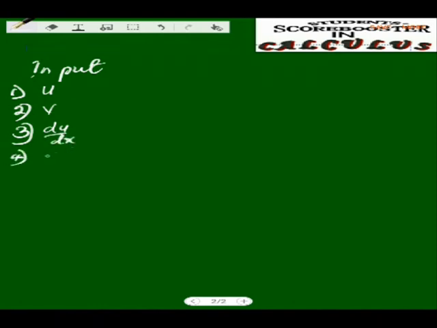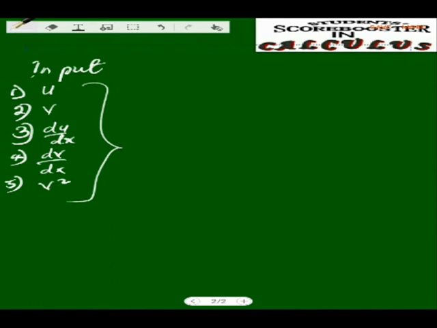Unlike the product rule, the inputs that we need are 1, we need u, 2, we need v, 3, we need du dx, 4, we need dv dx, and 5, we need v squared.